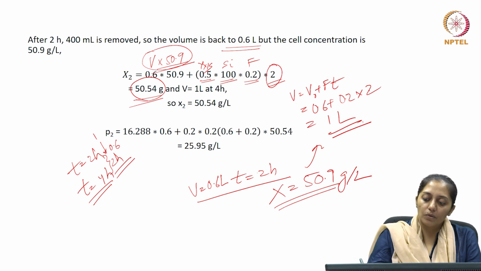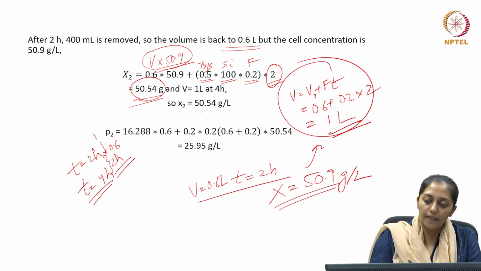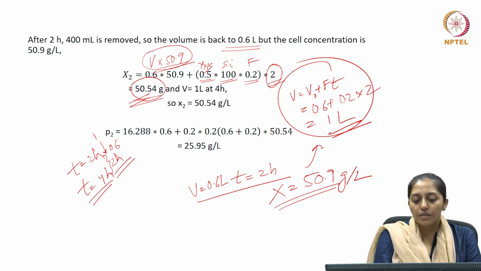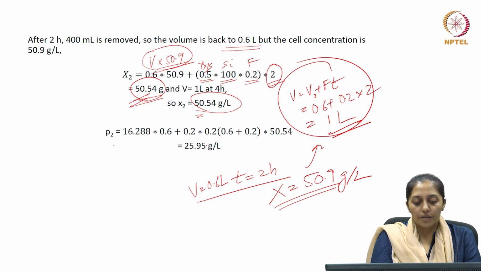Now, once we know the final volume after 2 hours of feeding at the 4th hour and the amount of biomass, the concentration would be the biomass amount divided by the volume at that point. So, in the reactor it will be 50.54 grams per liter. Similarly, we will calculate the concentration of product, which comes out to be 20.95 grams per liter.